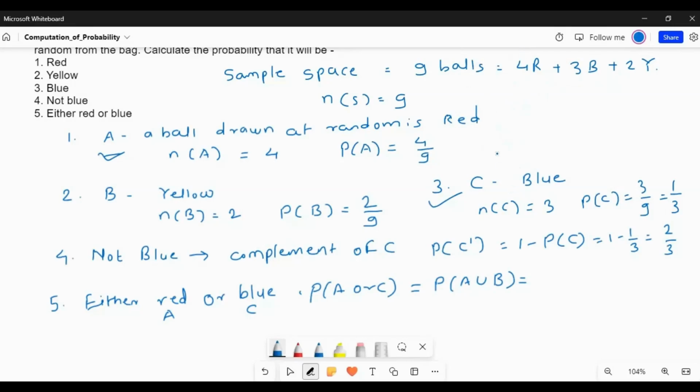So I can write probability of A union C is equal to probability of A plus probability of C. Probability of A is 4 by 9 and probability of C is 3 by 9, which is equal to 7 by 9.